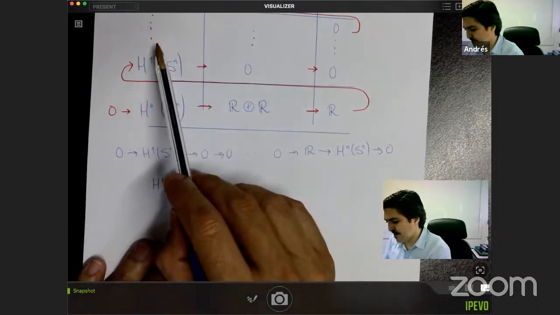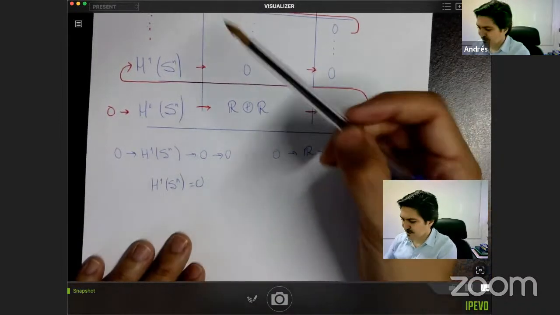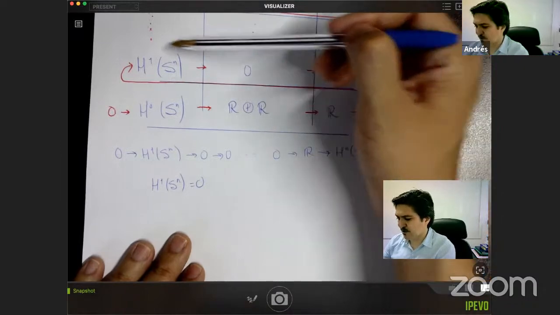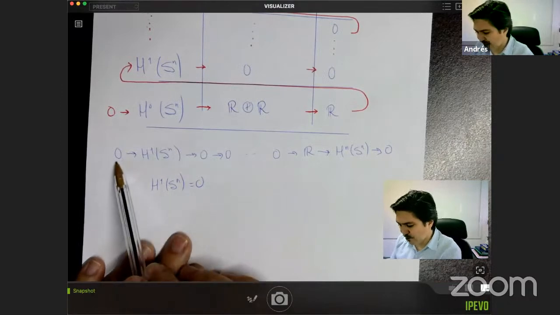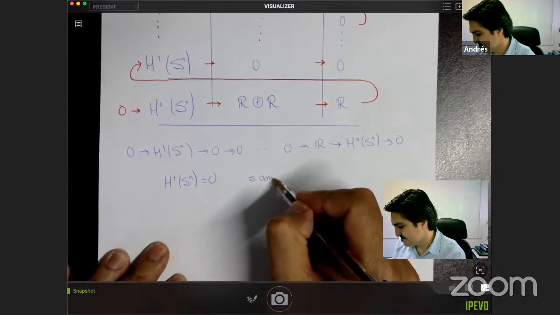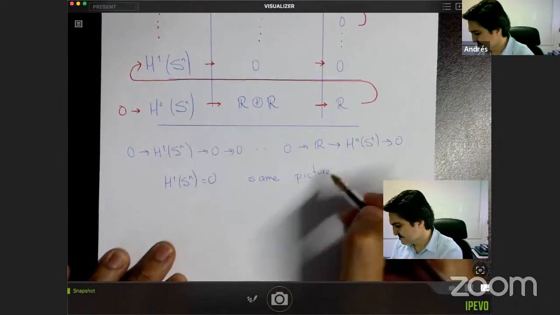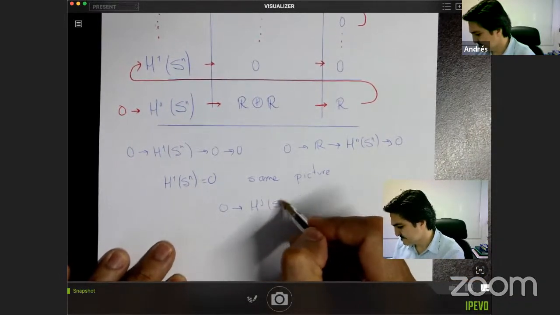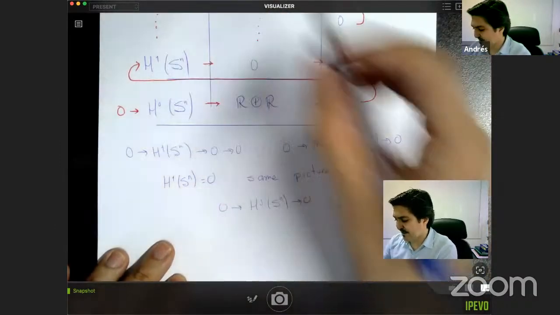Now, I forgot to put H2, but you see H2, again, will be between a 0 and a 0, right? We will have the same picture, except for n.